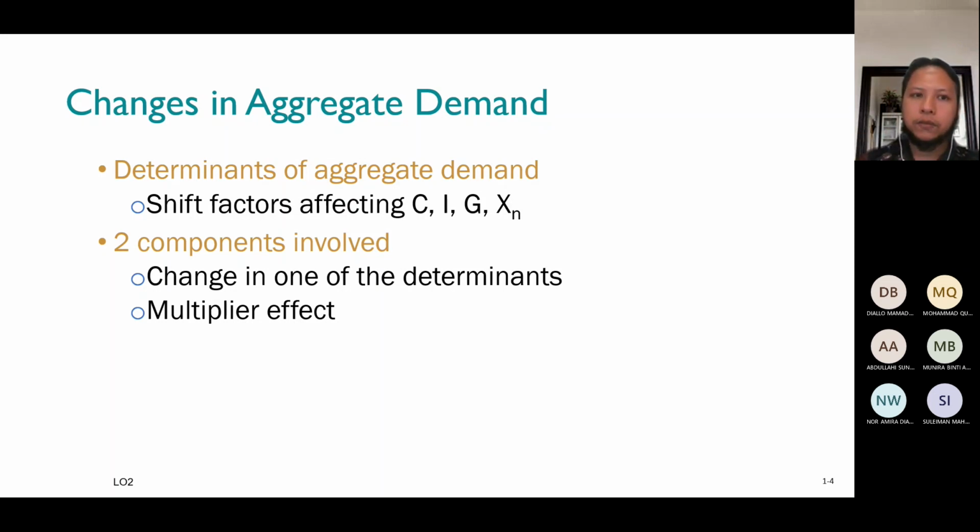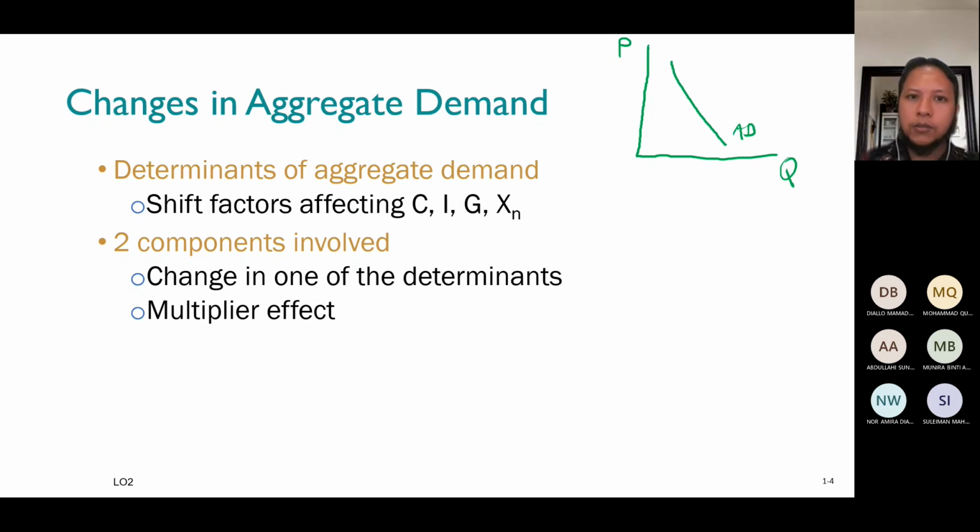Okay, so basically, as I mentioned just now, the shape of the aggregate demand is downward sloping. Okay, and this is the price, this is quantity. Okay, and this follows the law of demand, whereby the higher the price, the lower the quantity that is demanded.